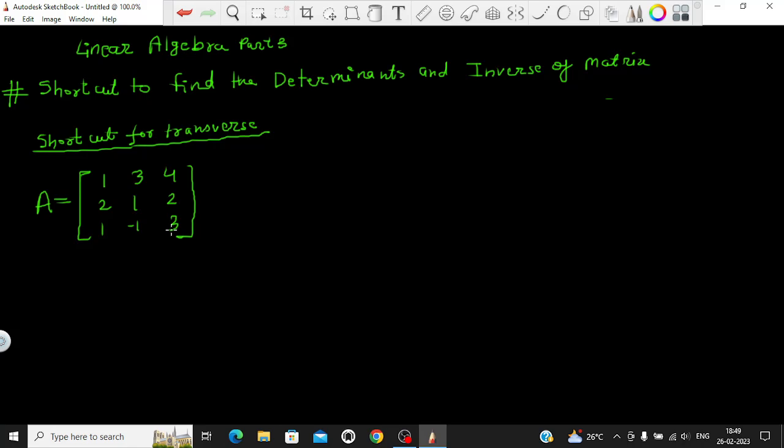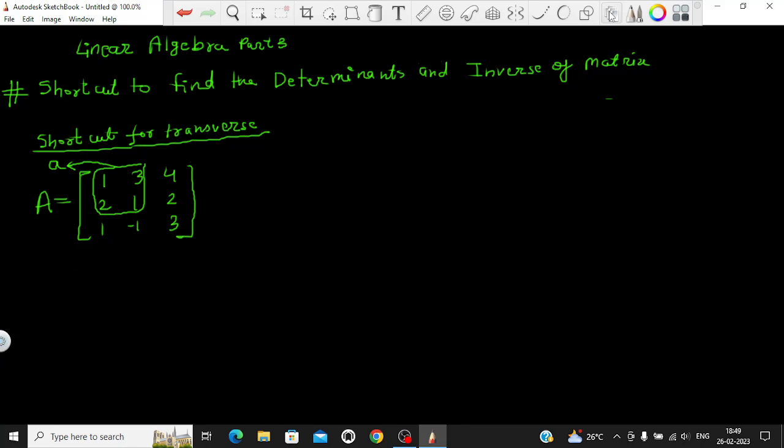So what we will do, we will take these 4 elements and consider it as A. Clear?